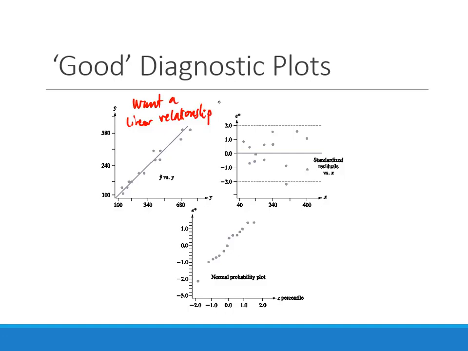You would hope that your predicted values are going to be close to what your observed values are, right? And actually, the top right there is just another residual plot. It's the standardized residuals against the explanatory variable instead of the predictor variable. So that'll tell you the same thing. So we want to see no pattern here.